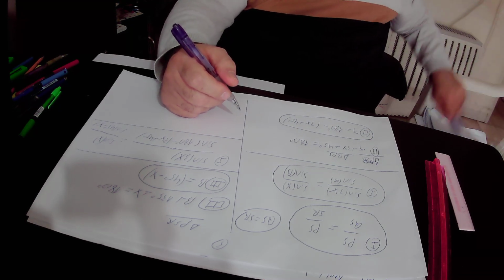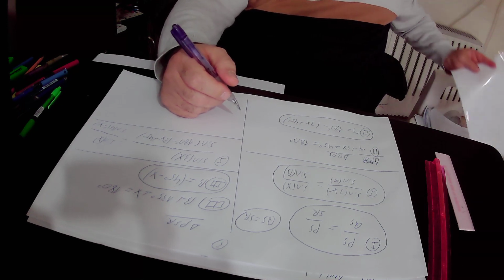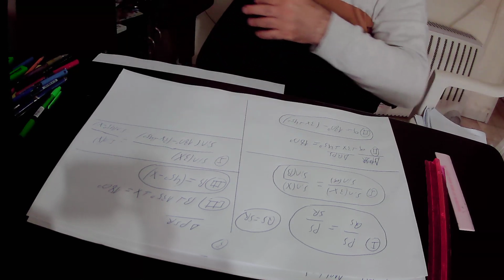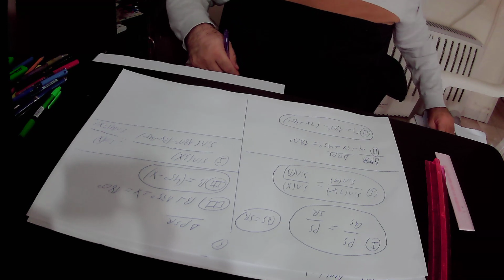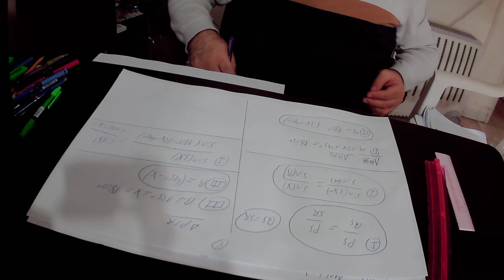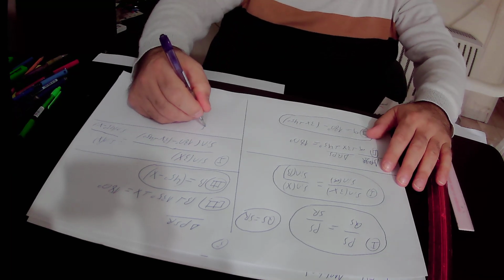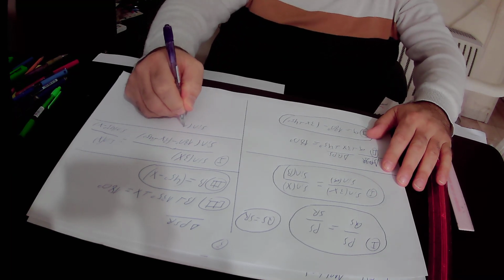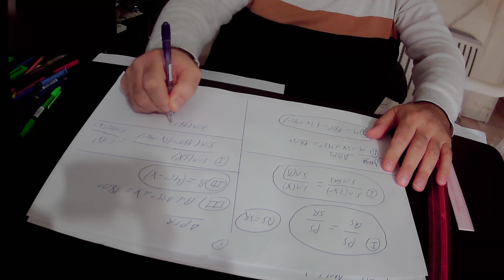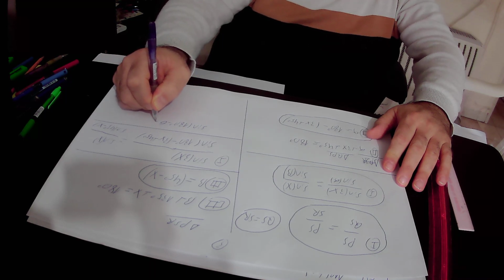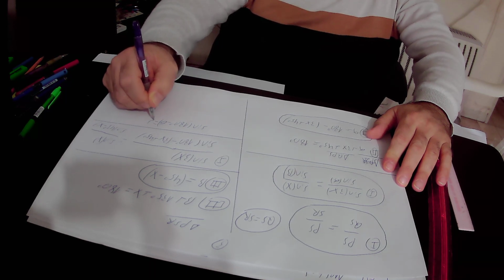the trigonometric identity that states that sine of 180 degrees minus theta equals sine theta.